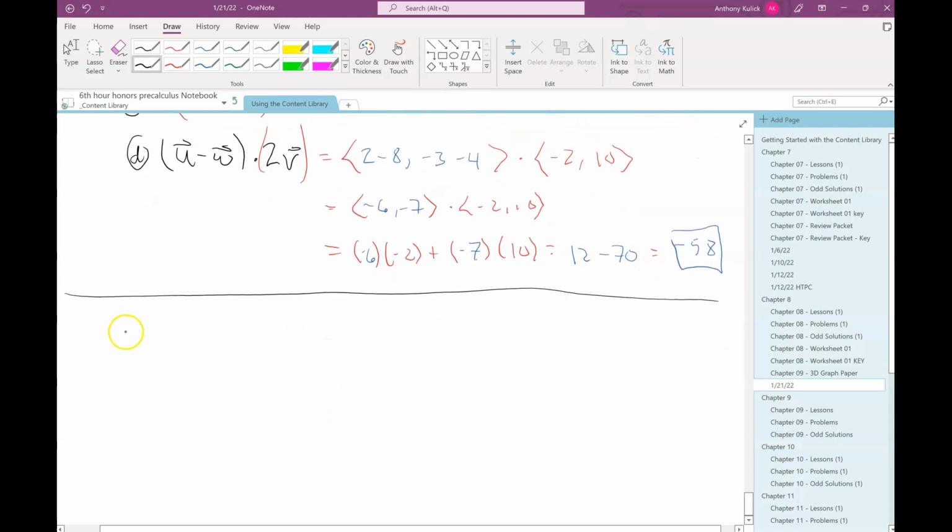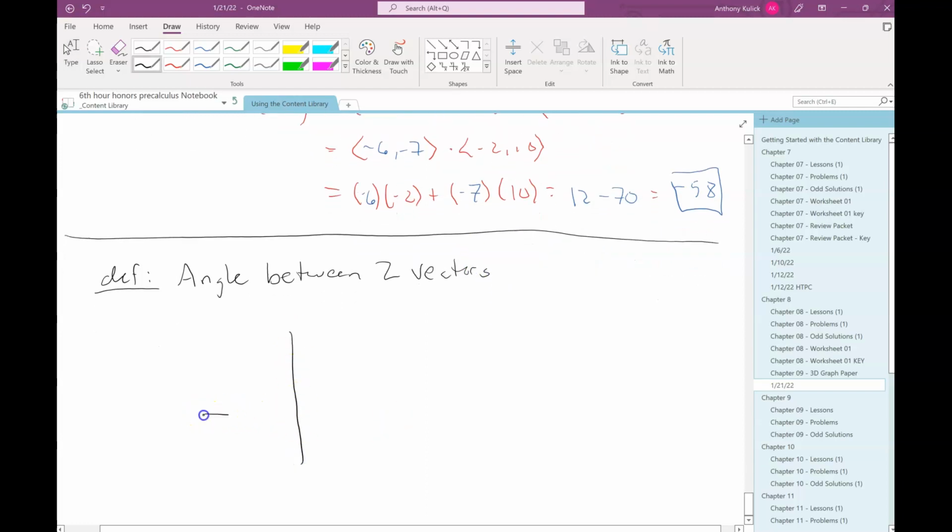So next thing we're going to talk about is the angle between two vectors. So let's say we have the vectors u and v as I've drawn here.